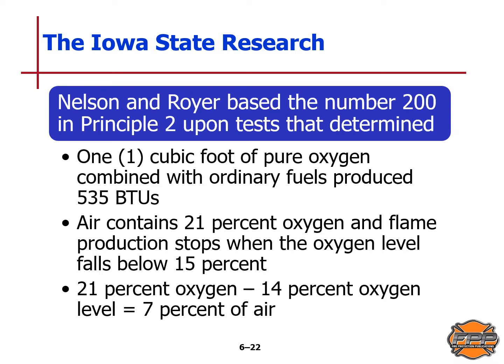Nelson and Royer based the number 200 in principle 2 on tests that determined that 1 cubic foot of pure oxygen combined with ordinary fuel produces 535 BTUs. Air contains 21% oxygen, and flame production stops when the oxygen level falls below 15%. So 21% oxygen minus 14% oxygen level equals 7% of air.